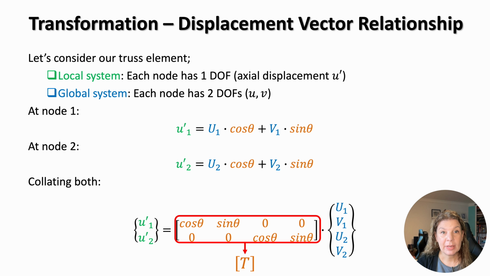The two local displacements, u1' and u2', are equal to a matrix multiplied by the 4 global displacements, u1, v1, u2, v2. This matrix is the transformation matrix T for a truss element, and this is what allows us to connect the 2 degrees of freedom in the local coordinates to the 4 degrees of freedom in the global coordinates.